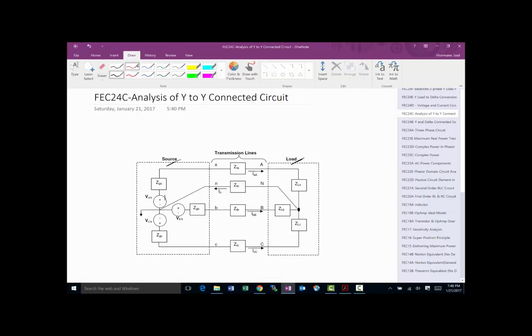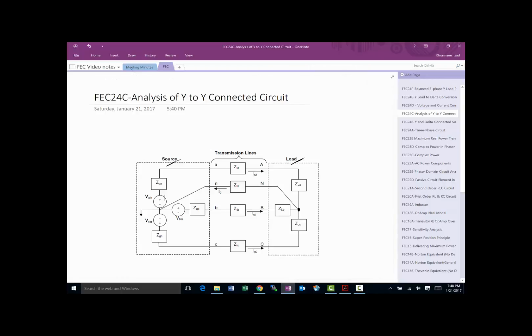So first, let's go ahead and talk about some definitions, if you will. As we mentioned before, since this is a Y-connected source, this would be a neutral line represented by small letter n.